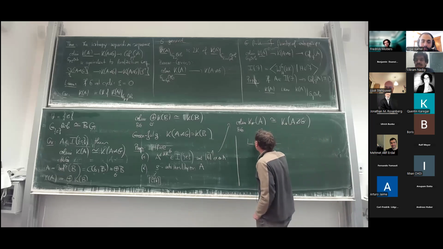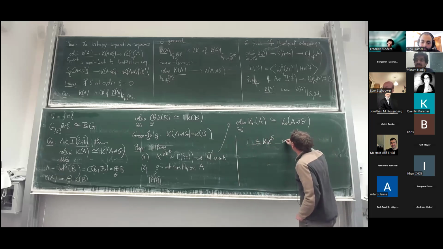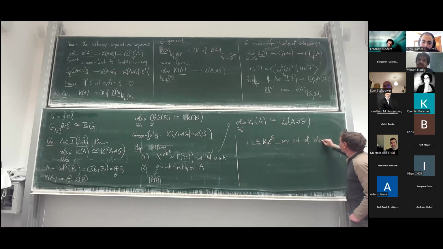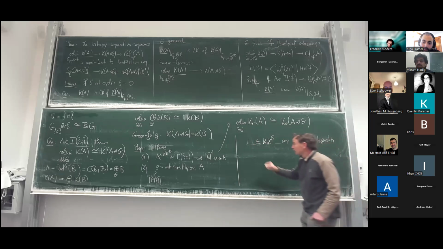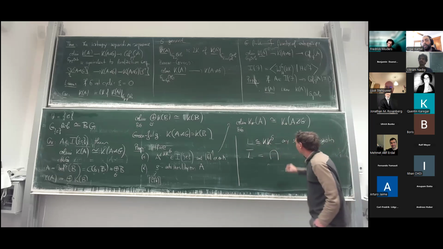If you take any subset L of objects in KK^G, then we can form a closure. What we do is take the intersection of the kernels.